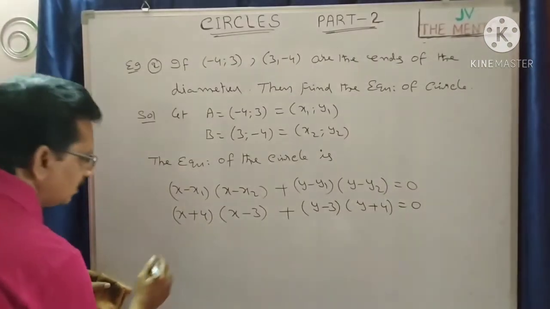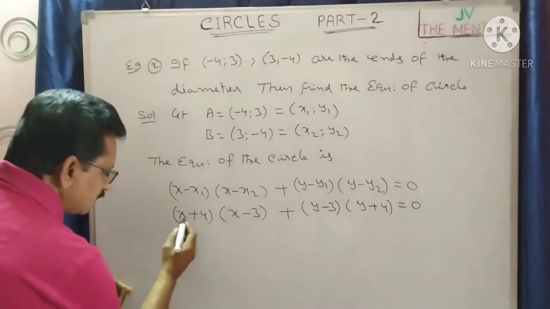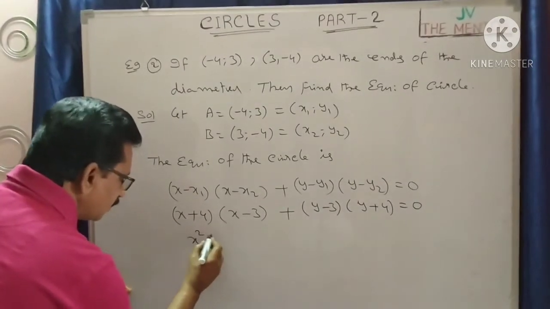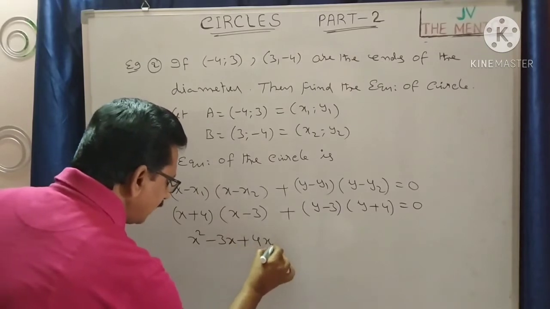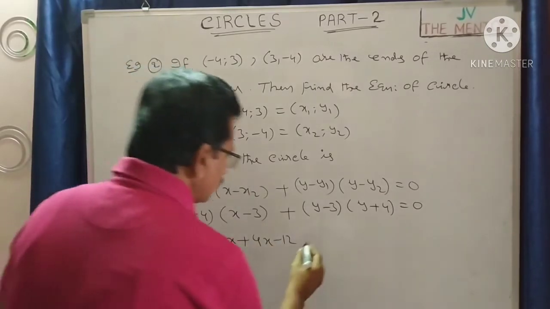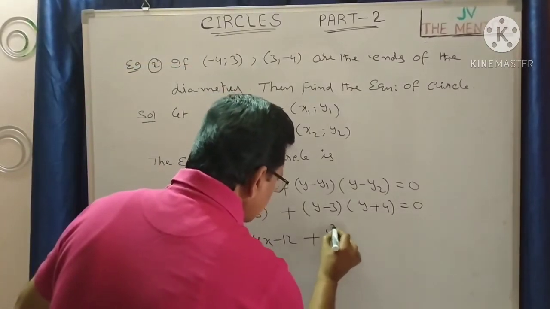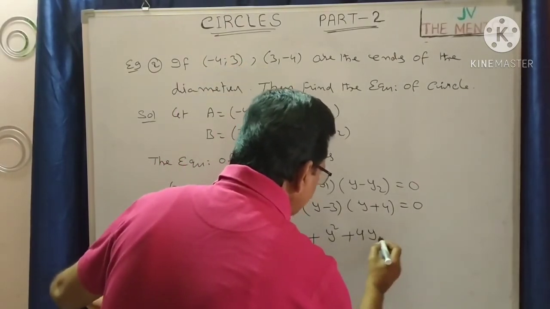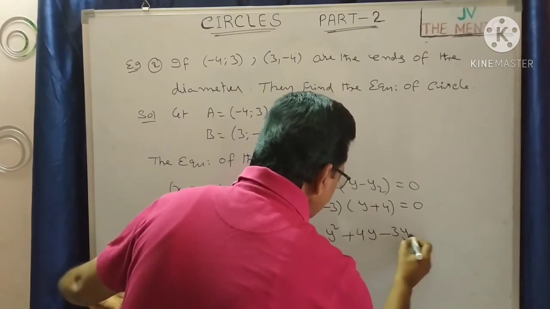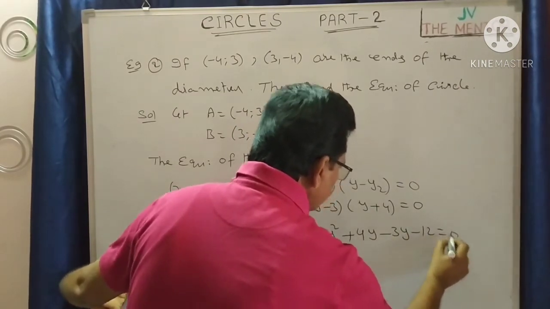Okay? Multiply these two factors. x square minus 3x plus 4x minus 12, plus y square plus 4y minus 3y minus 12 equal to 0.